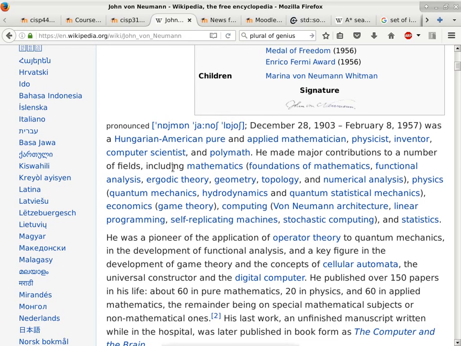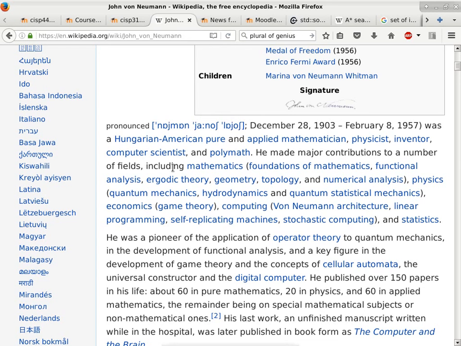He's also good at physics, and when it comes to physics, he's good at multiple branches: quantum mechanics, hydrodynamics, quantum statistical mechanics. He's good at economics, computing, and statistics. His contribution in computer science includes the architecture that we are talking about, but also a whole bunch of other stuff that we do not hear about most of the time.